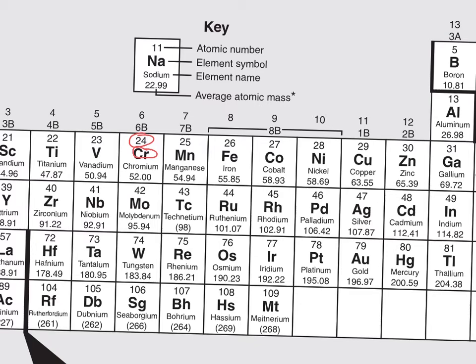So it would have 24 protons, 24 electrons. And then this 52.00 is its average atomic mass. Not one atom of chromium weighs that. But if you take all the different versions of chromium, called isotopes, and take the weighted average of those isotopes, it would give you 52.00.